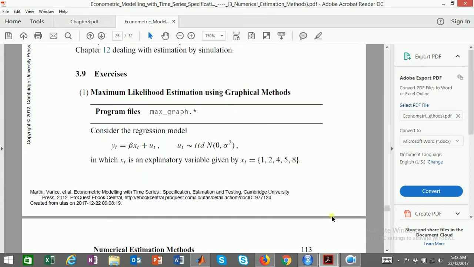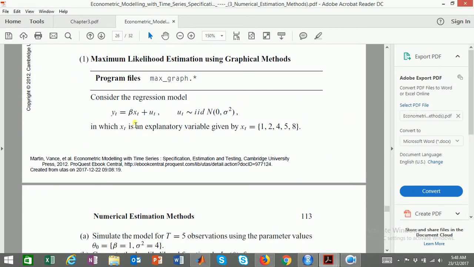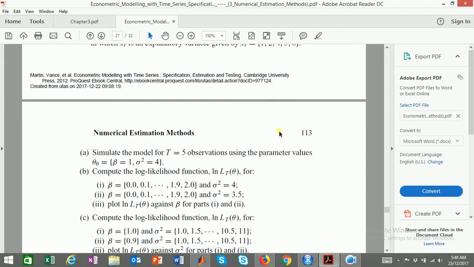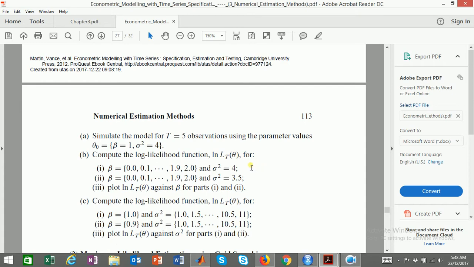So let's start exercises very quickly. This was a very small chapter, so it will not take time. So we have a regression model, where x is an explanatory variable with the given values, and then we need to simulate T equals 5 observations using the parameter values that are given to us, or the initial values. Basically we need to compute the log likelihood function for given beta hats, and again we have the vector given to us and variance.